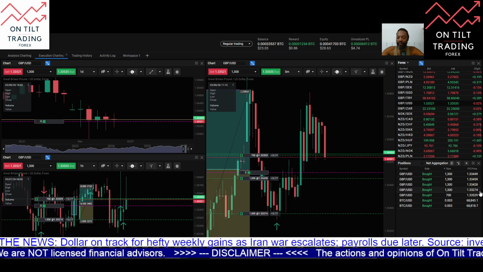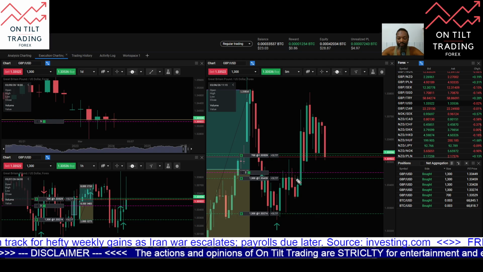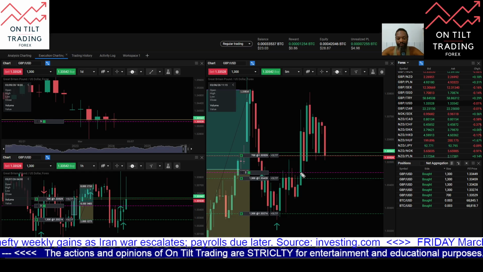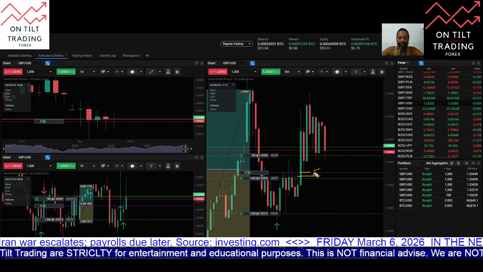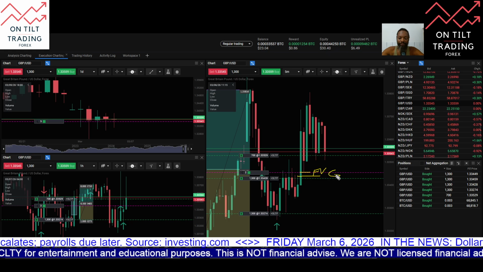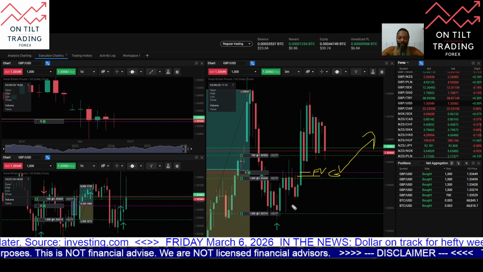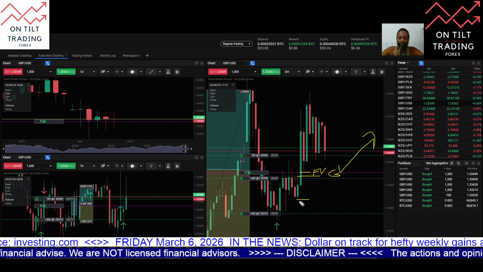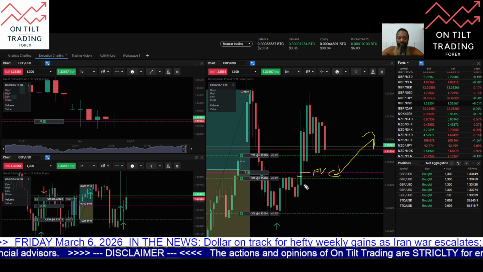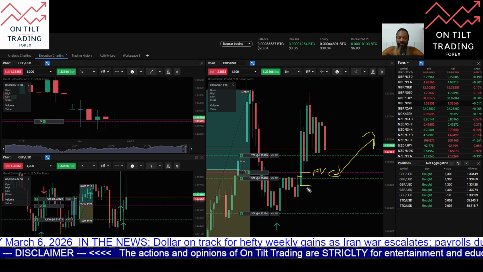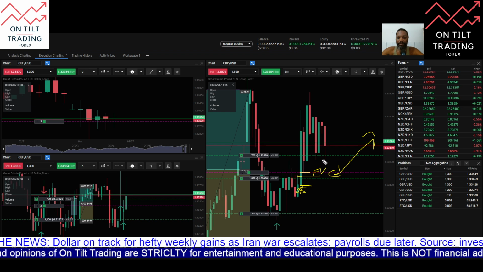So right now, it seems like price is having a difficult time trying to deliver to the buy side. Here is a bullish fair value gap right here that if price reaches could also deliver price to the buy side. A sweep of this sell side liquidity here could also send price back to the buy side.